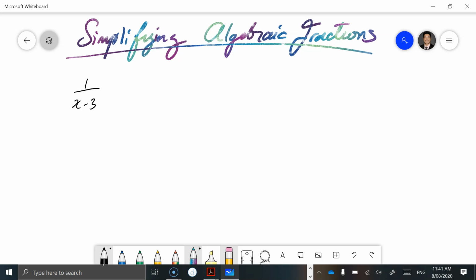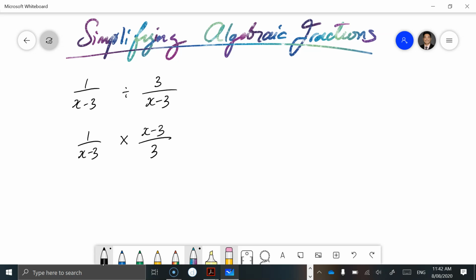So let's go 1 over x minus 3 divided by 3 over x minus 3. And we know, or you should know, that when you divide fractions, you change it to a times and you get the reciprocal of the second. The reciprocal means you flip the second fraction around.